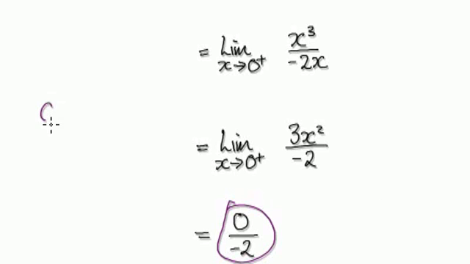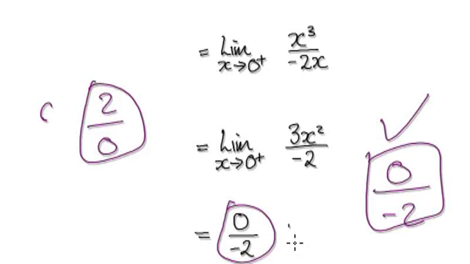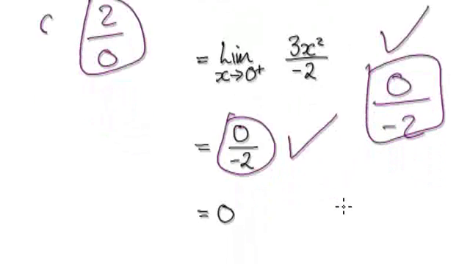So this is a perfectly legitimate answer. Nothing breaks down. It's not a case where you have 2 over 0. That breaks down, but 0 over a number doesn't break down. So this is legitimate, and the answer happens to be 0. Okay.